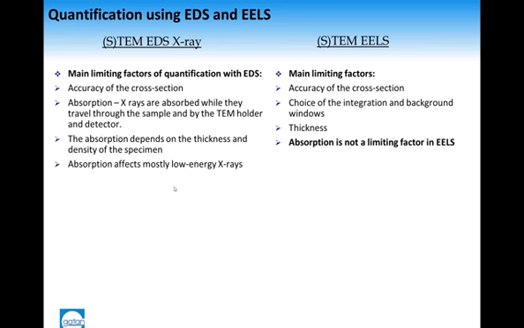And as we said earlier in this presentation, it's mostly low energy X-rays that are affected by absorption effects. In the case of EELS, the limiting factors are the accuracy of the cross-section, which depends on the type of edge we want to get quantification from. It also depends on the choice of the integration and background windows, and on the thickness, but the absorption is not a limiting factor in EELS.